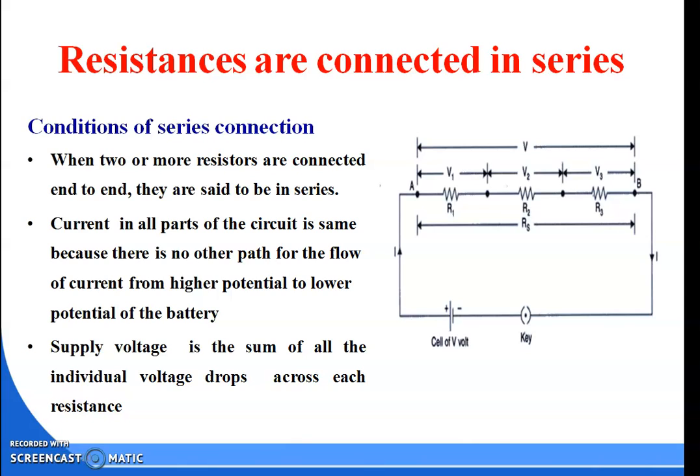Here the supply voltage is the sum of all individual voltage drops across each resistance. That means the supply voltage V is equal to the voltage across R1 plus the voltage across R2 plus the voltage across R3. Voltage across R1 is V1, across R2 is V2, and across R3 is V3.